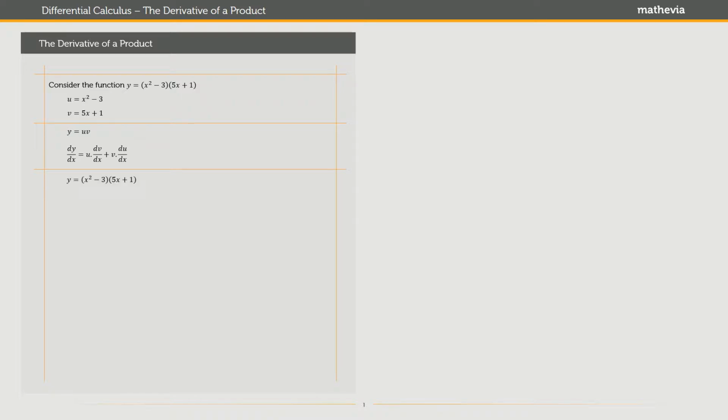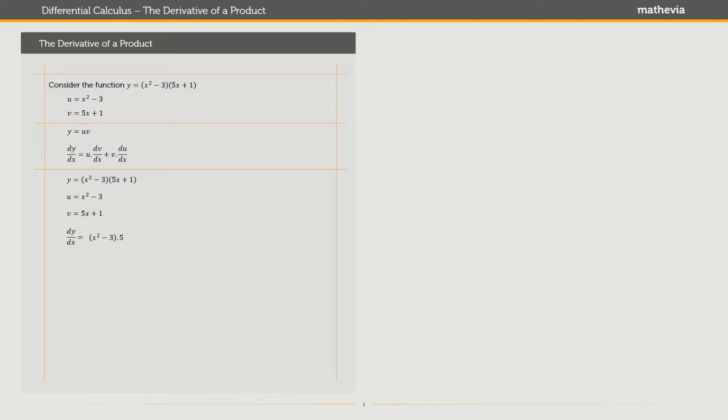So if you have y equals x squared minus 3, 5x plus 1, and you have u is x squared minus 3, and you have v is 5x plus 1, to find dy/dx, the first thing you do is you're going to keep u constant. So we have x squared minus 3. I'm going to multiply that by the derivative of v.